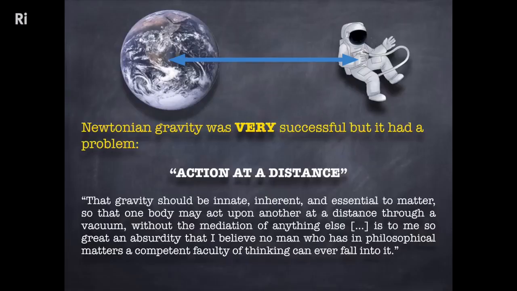However, it had a problem. And that problem goes by the name of action at a distance. So the Newtonian theory of gravity is that any two objects, for example, the Earth and some astronaut, are attracted to each other by this universal force, this force of gravity.